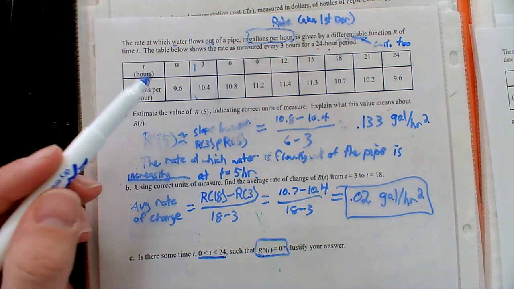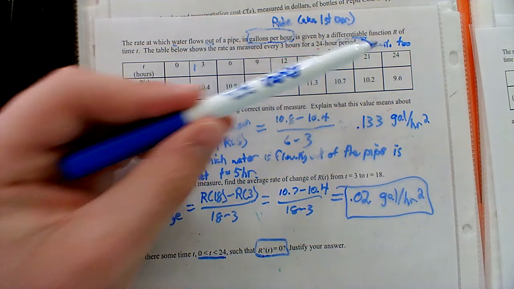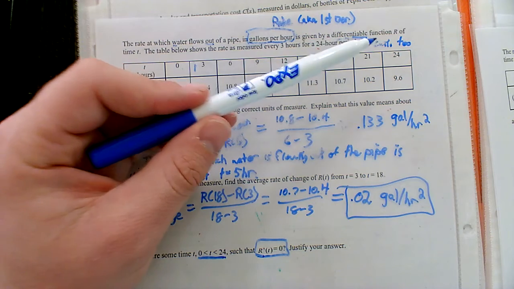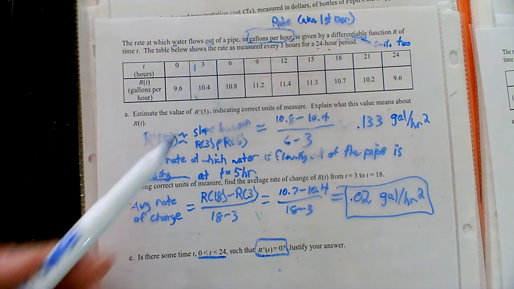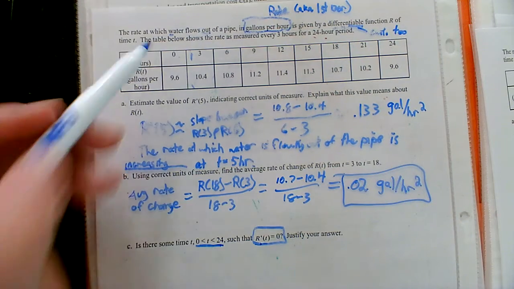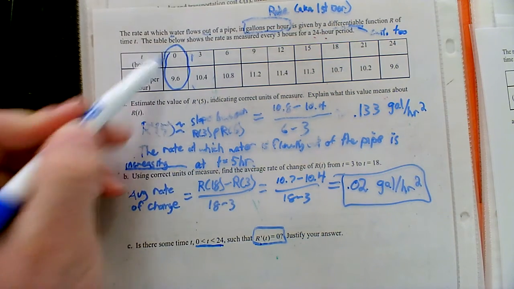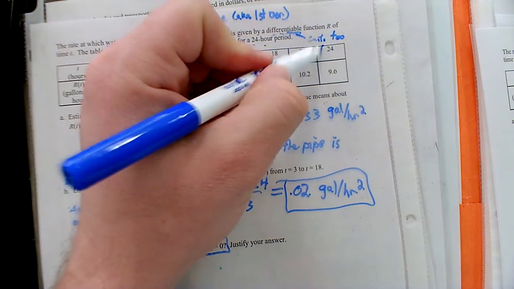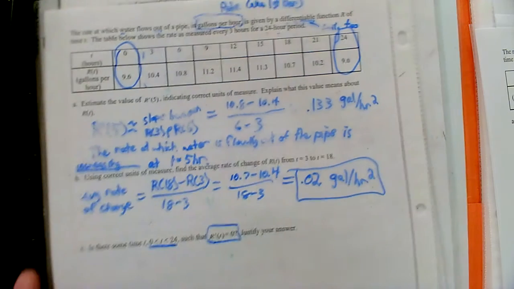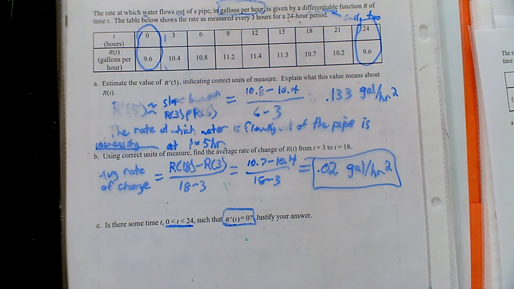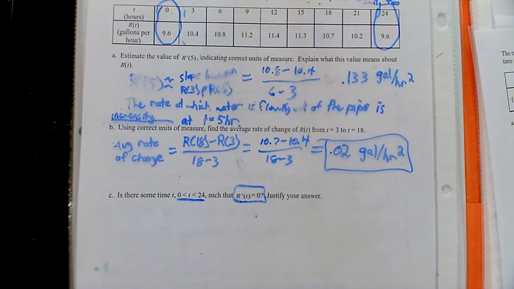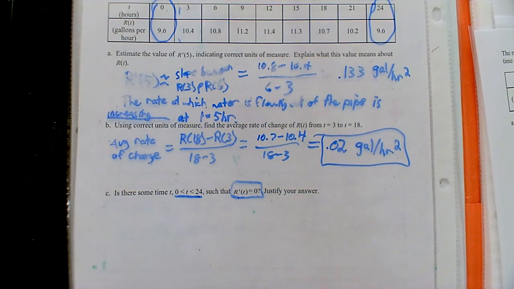So exactly. We know it's differentiable and continuous from the beginning. They told us differentiable, so we knew it was continuous. But then we have to determine, are the endpoints the same? Well, the endpoints they gave us were 0 and 24. If I go to 0, I get 9.6. If I go to 24, I get 9.6. So I know those two points are the same, and it's continuous and differentiable. So by Rolle's theorem, I know somewhere in between there, the derivative has to be 0.